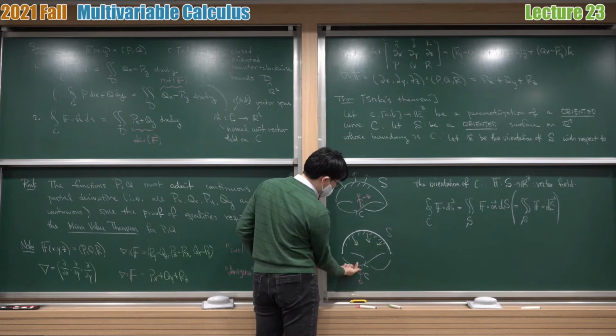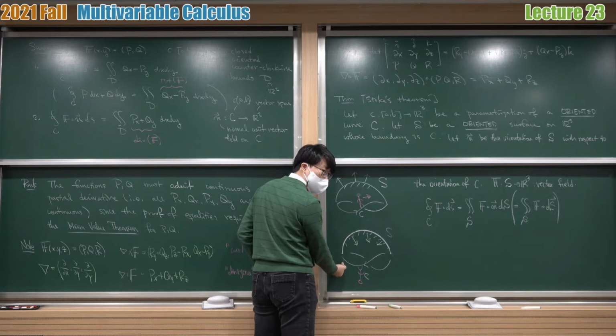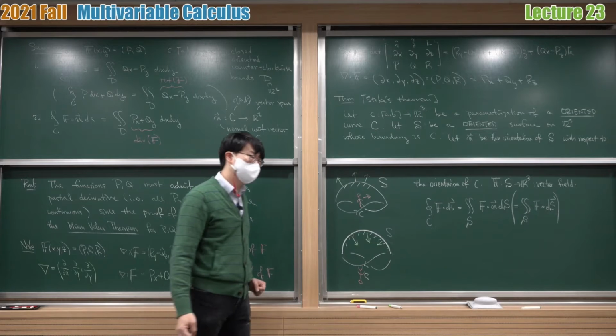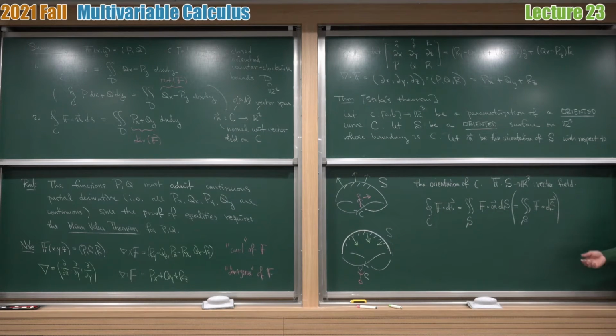In order to have your left arm inside of S, you should move backward, in this direction. Okay? That's the orientation.